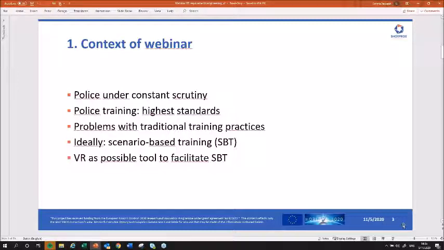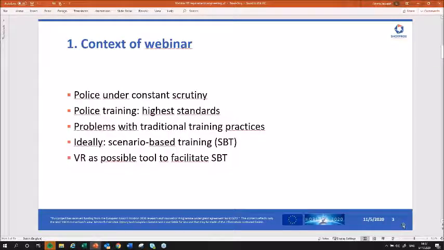Because a lot of the traditional training methods fail or don't sufficiently improve skills because police officers are not in the same cognitive or physical or mental state as they are in real life situations. So once there is an added stress factor to situations, suddenly their performance declines. And scenario-based training tries to do exactly that.